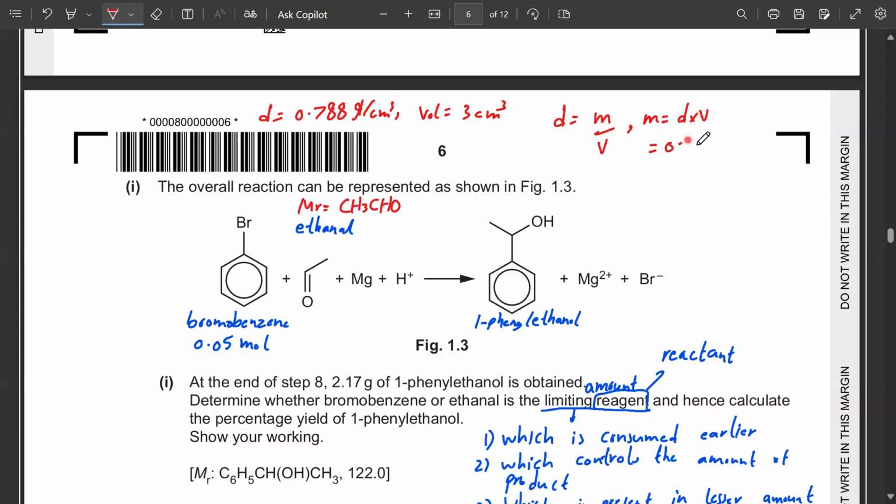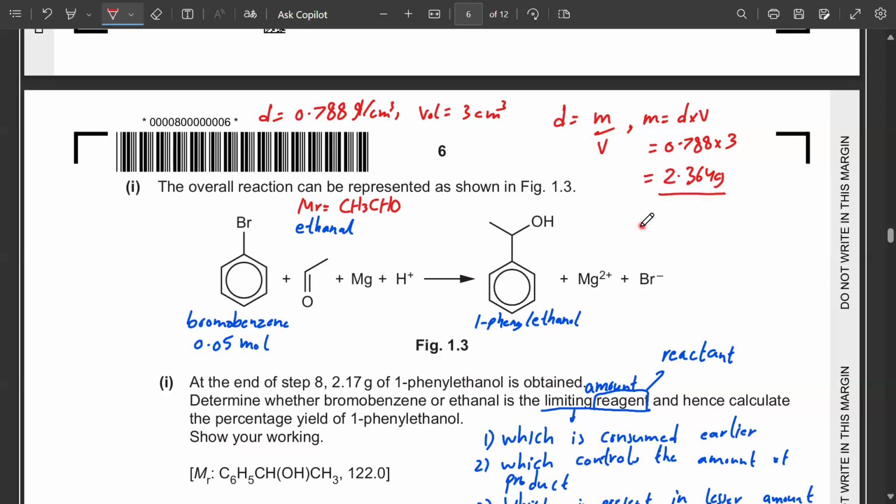Density is 0.788 times volume 3 cm cube. 0.788 into 3 is equivalent to 2.364 gram.